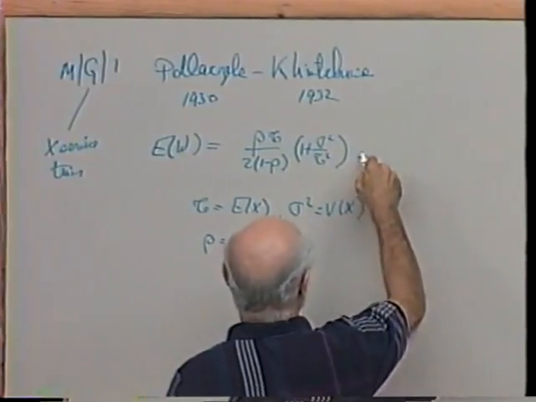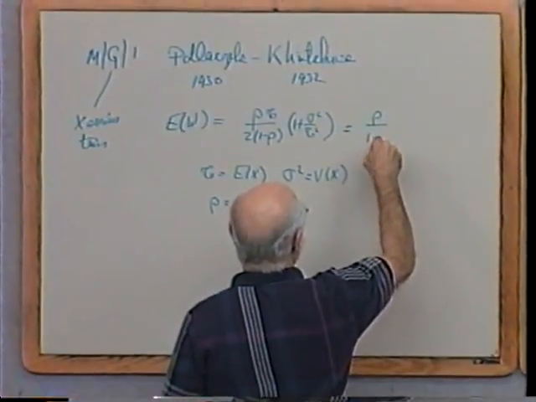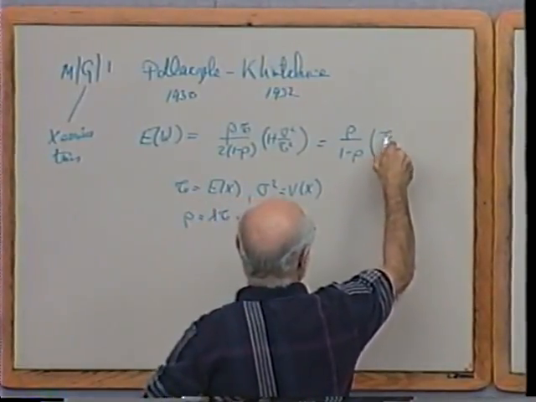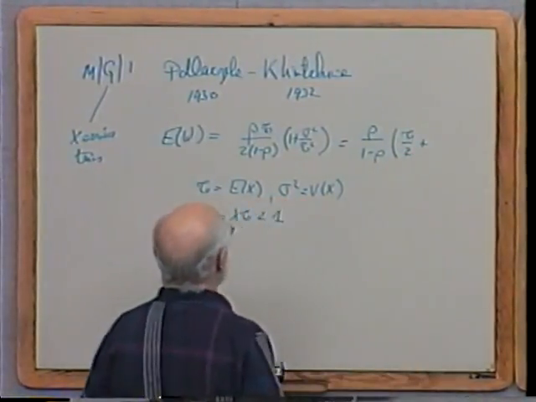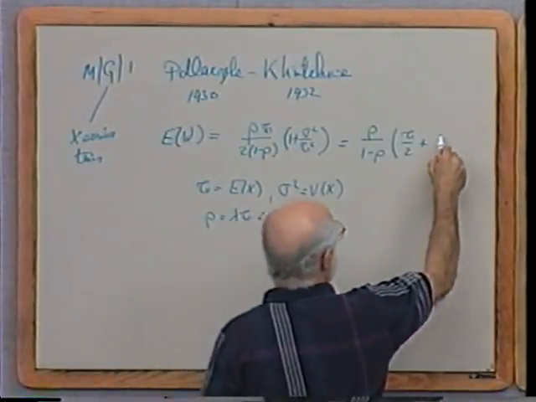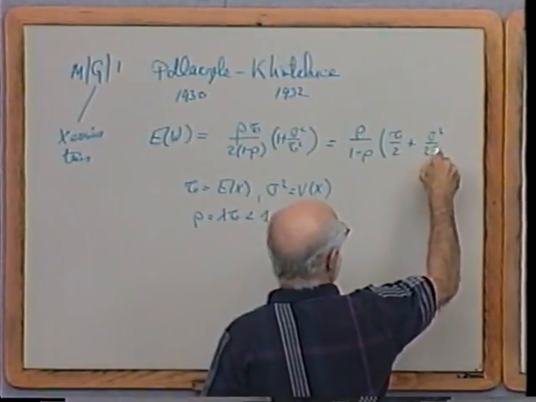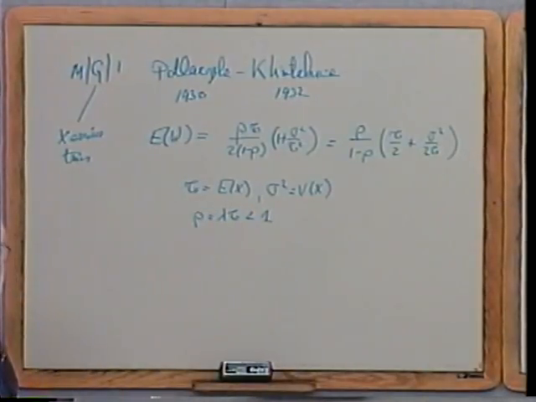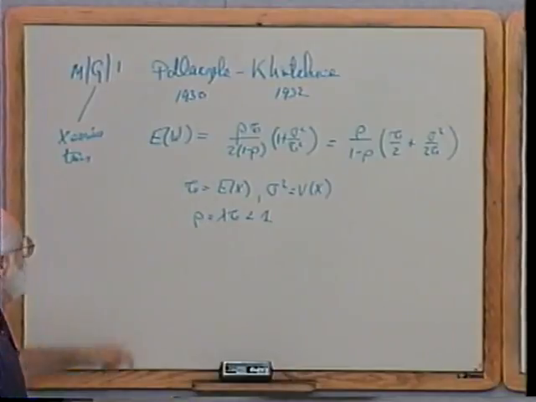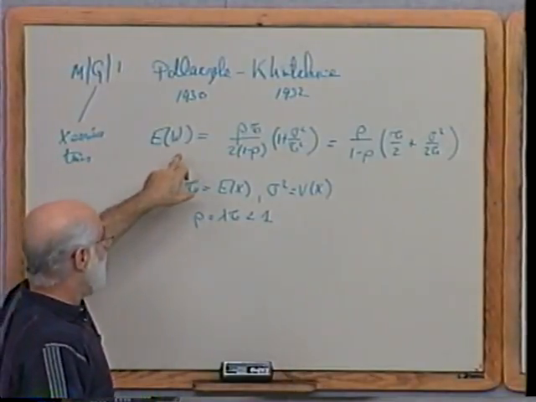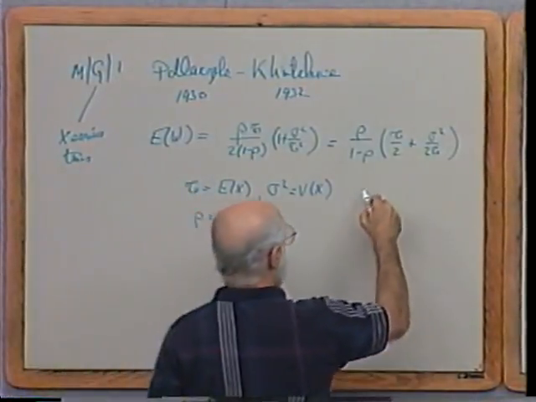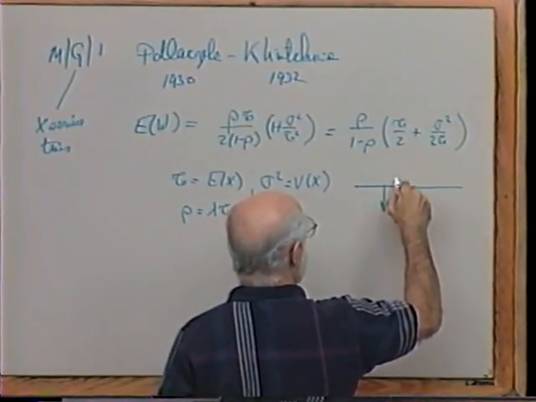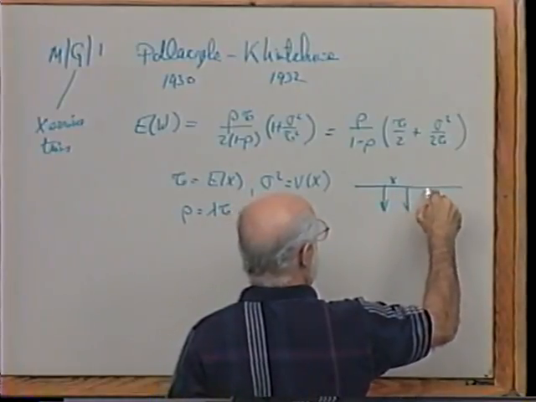This can be written as rho over 1 minus rho, and then you have tau over 2 plus sigma squared over 2 tau. And you recognize this as being somehow related to renewal theory. Because what it says is, suppose I had a renewal process in which the times between renewals were the service times.